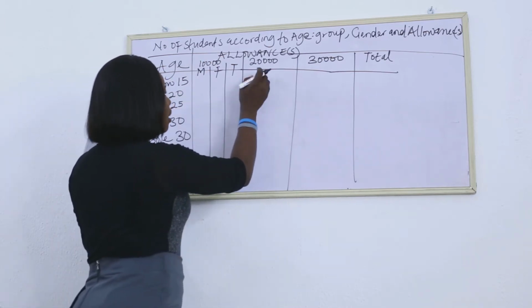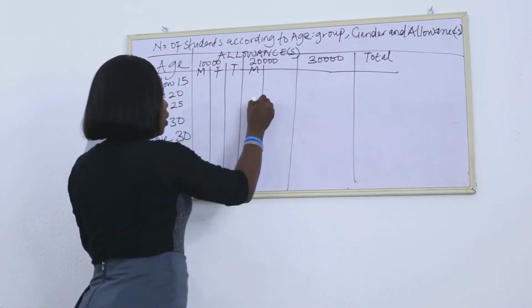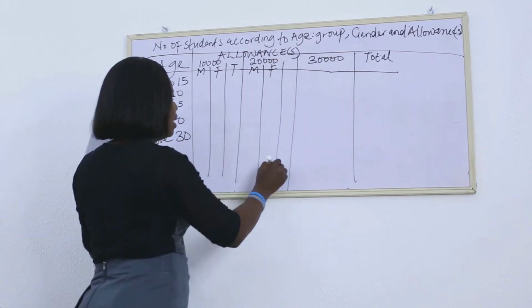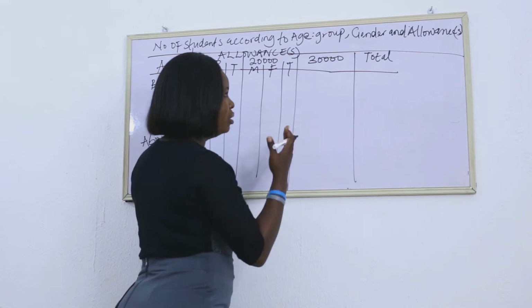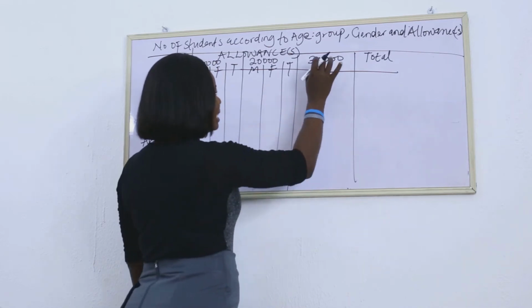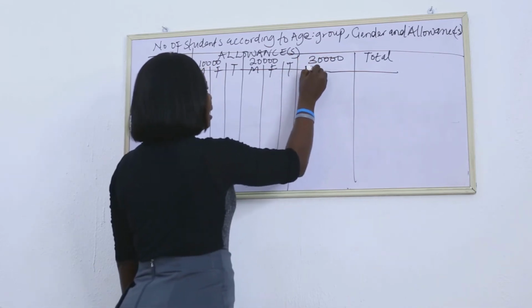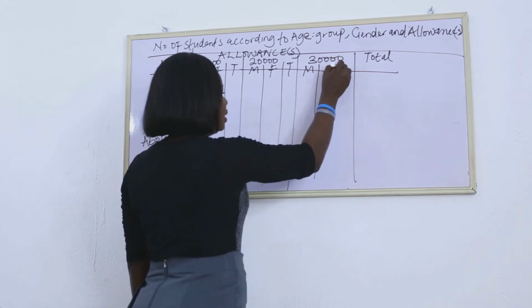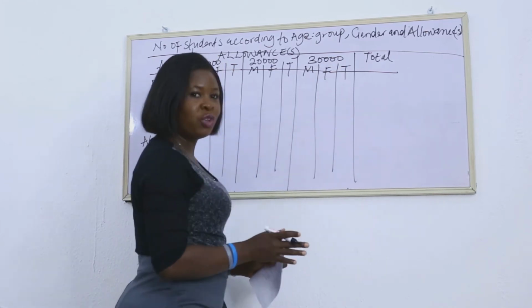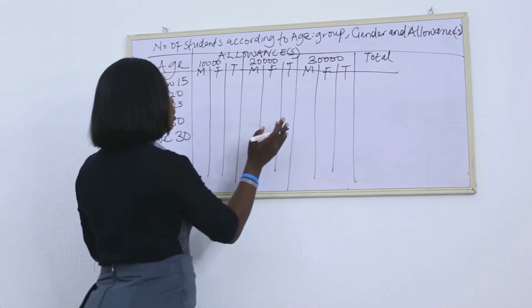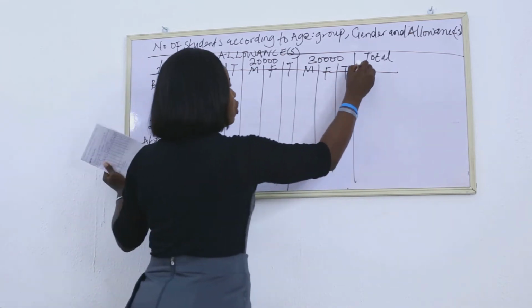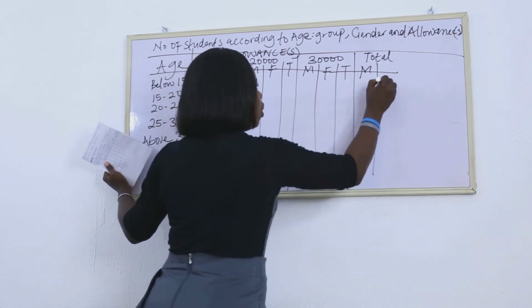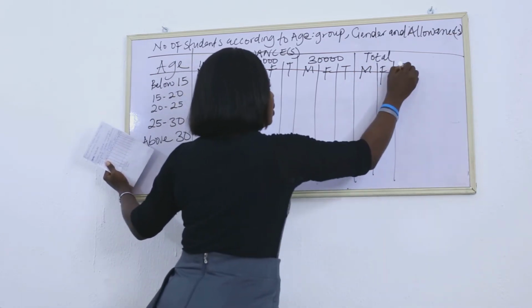Therefore, for 20,000, we have the male, we have the female, then we have the total. For students whose allowance is 30,000 per month, we have male, we have female, then we have total. If you look at the board, if I total the number of males and the number of females, I'm still going to have the total of male, of female, and the general total here.